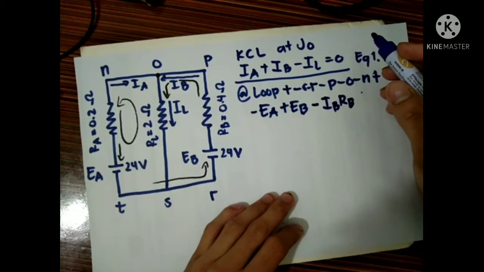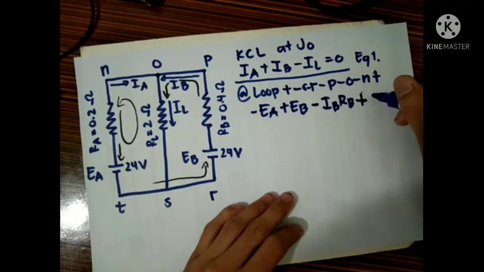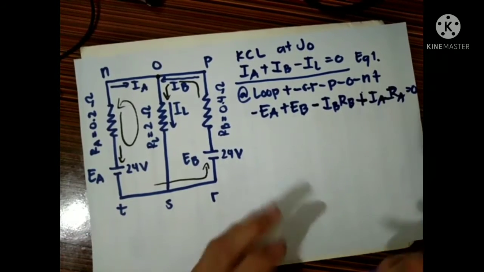As you can see, it has an opposite direction, so positive, since it is opposite. So positive IA RA is equal to 0.